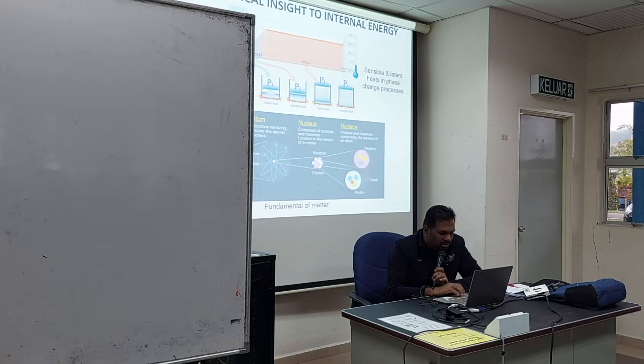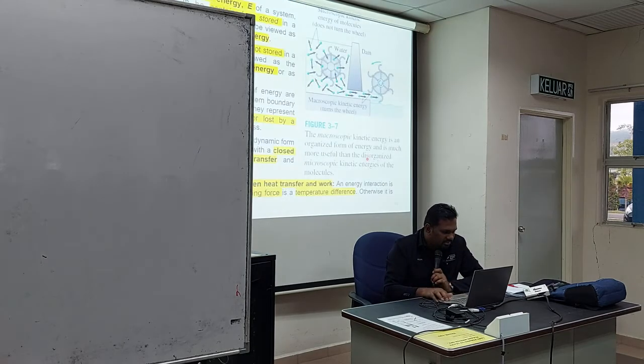Kalau yang ni adalah neutron dengan proton, so dalam tu you ada something yang kita panggil as quark. So nama dia pun pelik kan, quark. So which is what we focus on nuclear energy generation. So kita pecahkan dalam ni. So kalau dia pecahkan, dia more energy is released. Okay.